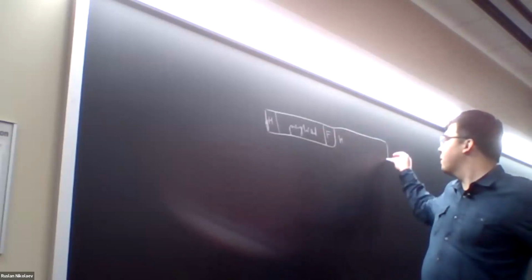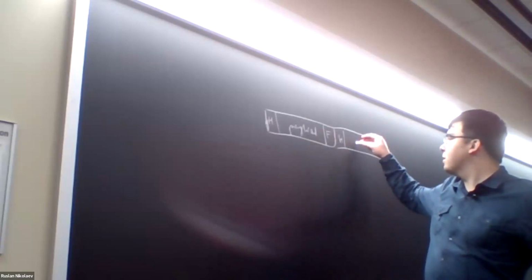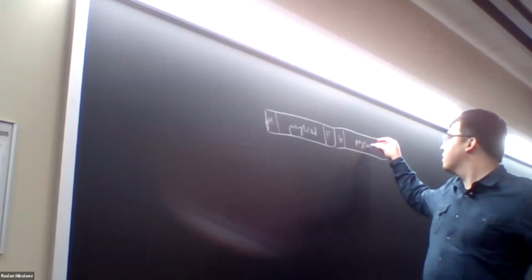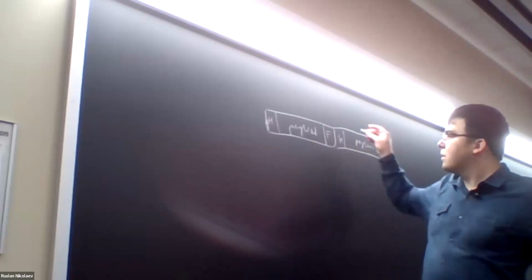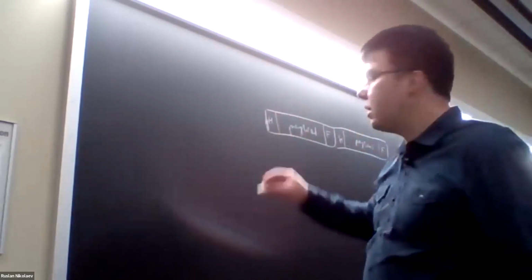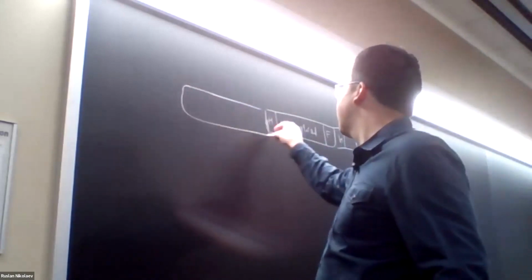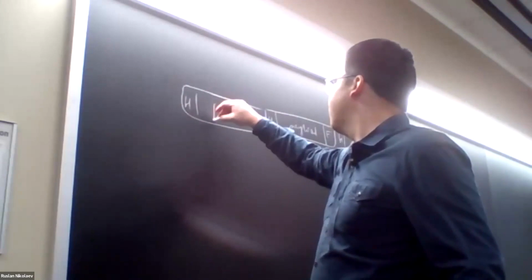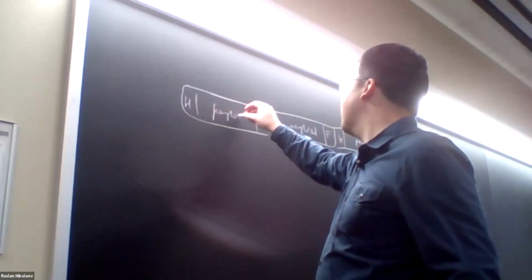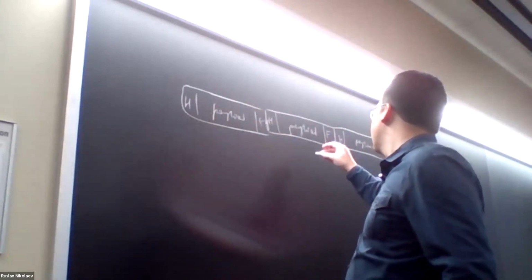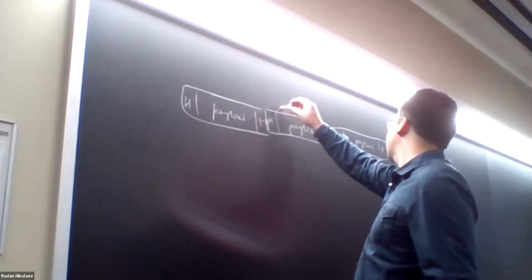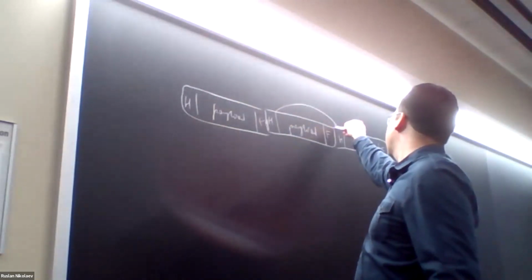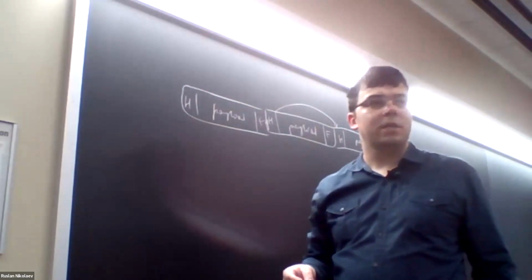Let's say we have header, footer here, payload, and then we have another header, footer here, payload. We want to coalesce with our neighbors. If you have the header, you can coalesce with the next block because we know where it is.